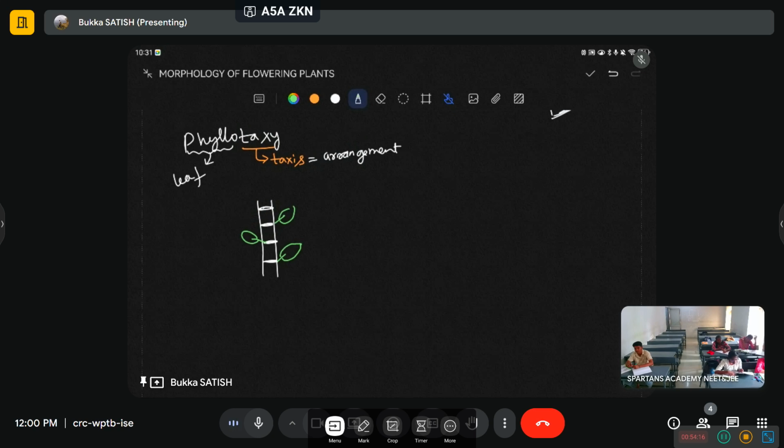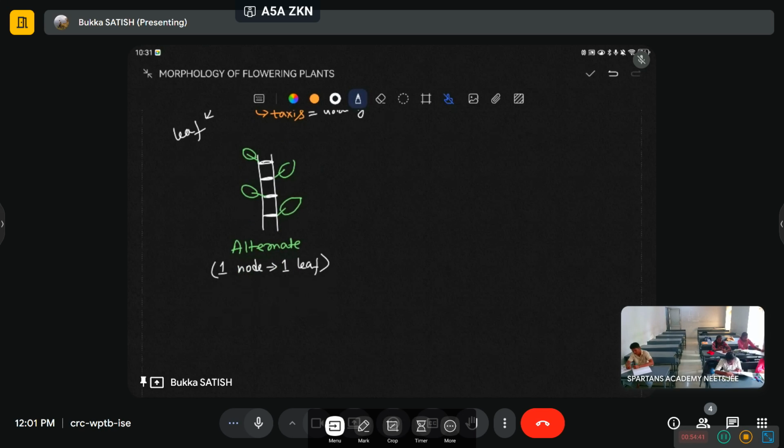Next here, next here. So leaves are arranged alternately. This is what we call alternate phyllotaxy. So the unique feature of this is that one node will have only one leaf. Right. Next.